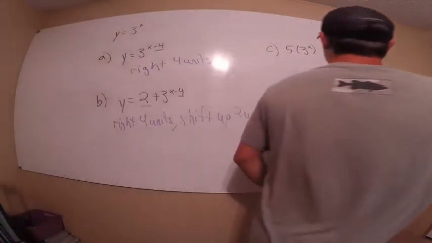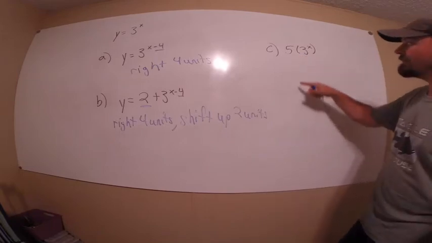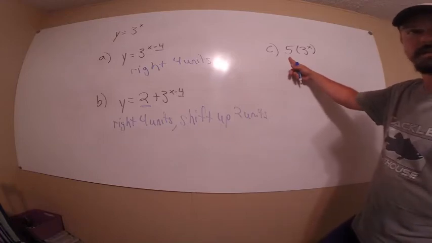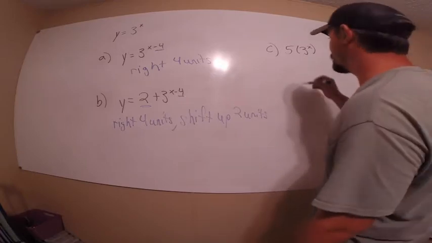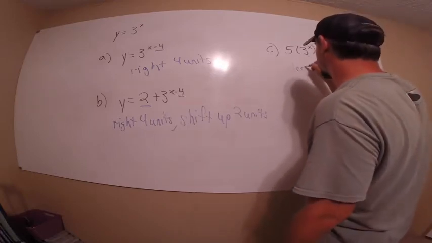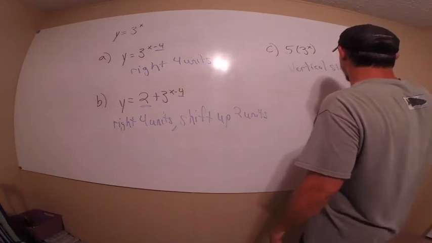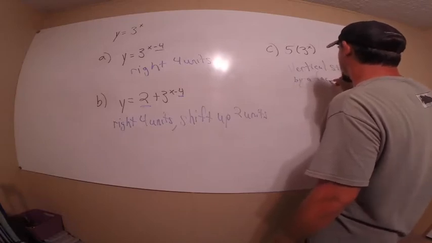C. We have 5 times 3 to the x. So 3 to the x is all the same, but we're multiplying on the outside. So what we have is a vertical stretch by a factor of 5.